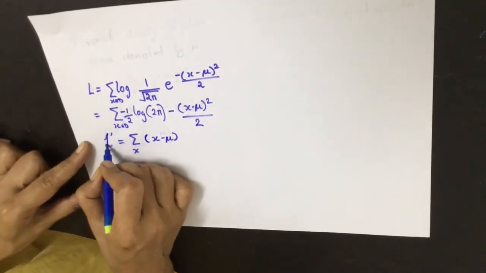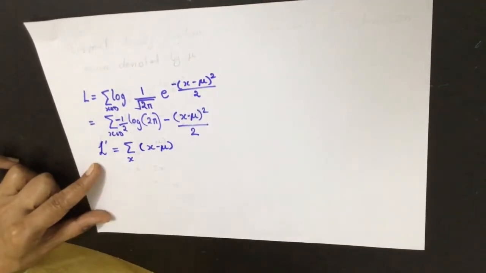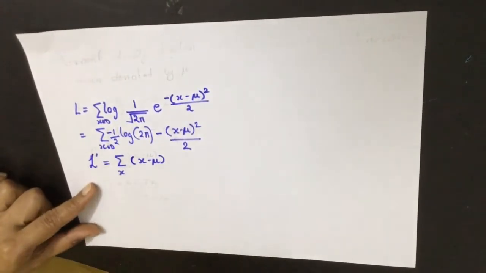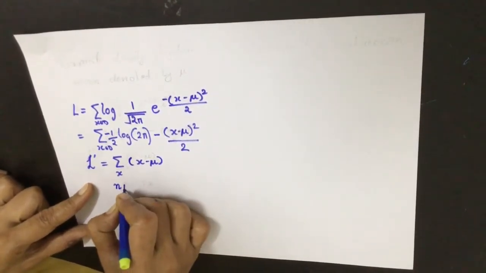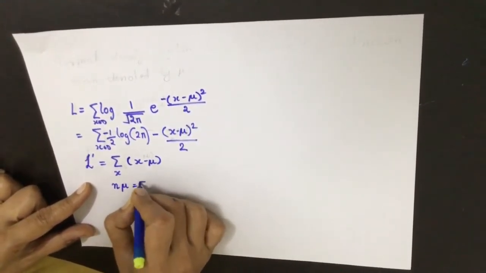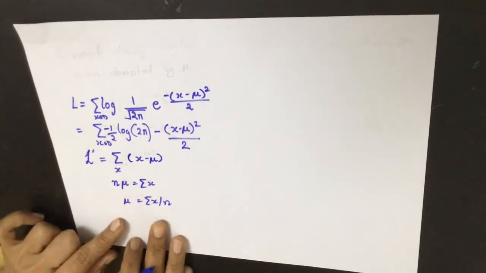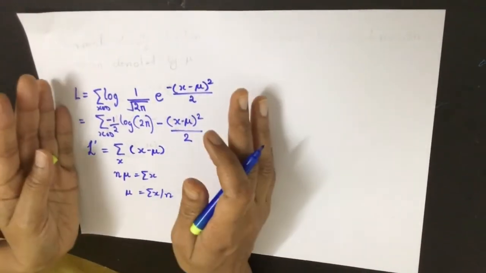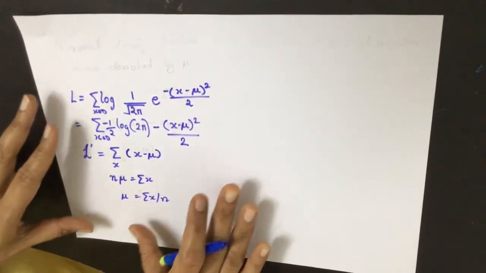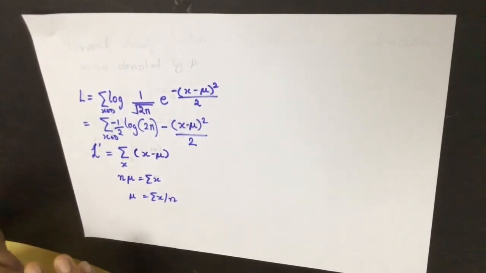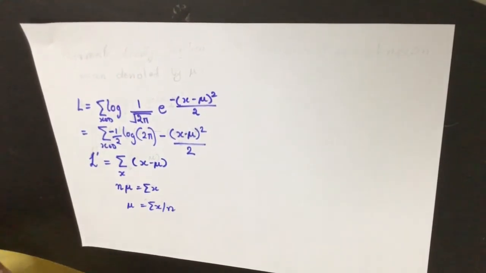Here the differential is over mu, because that is the parameter that is unknown. Suppose there are n observations, then we find that n times mu is equal to the summation of x, and so mu is equal to the summation of x divided by n. So this is our average, and we are happy that maximum likelihood gives us an estimate for mu which is very intuitive. That is the average of all observations, which we have been using for very long, and we know even without learning statistics, since it is taught to us very early.